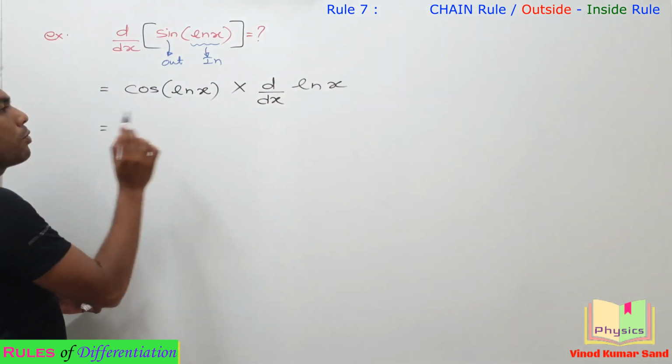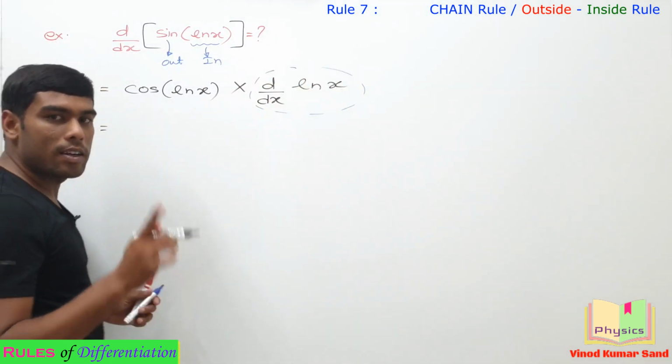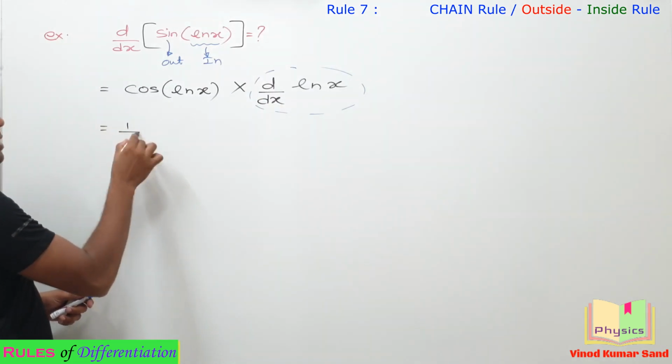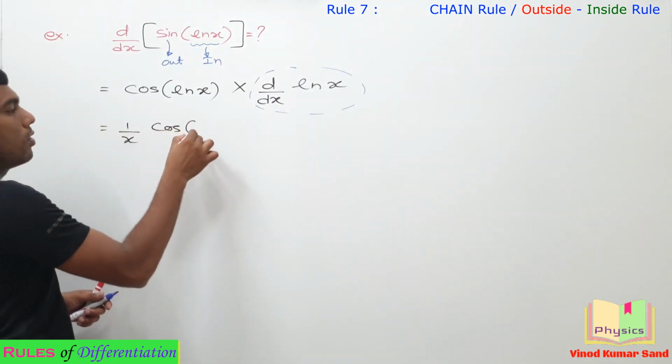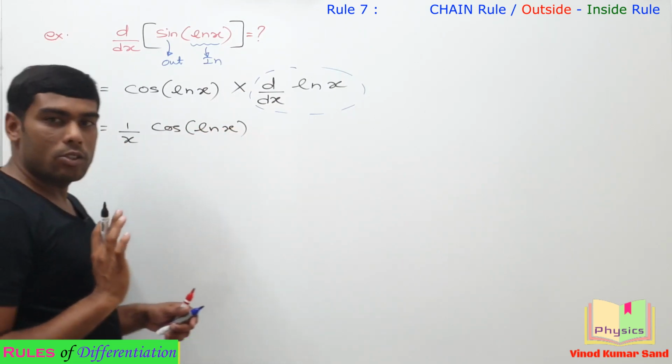Clear? Differentiation of ln x from the formula table, do you remember? Differentiation of log x was 1 by x. So that 1 by x I am writing here, and cos of ln x. This is the final answer.